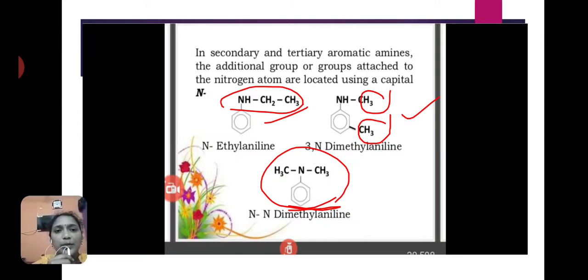This is the example for a secondary aromatic amine. And here 3,N-dimethylaniline, also a secondary aromatic amine. And here N,N-dimethylaniline, an example for a tertiary aromatic amine.